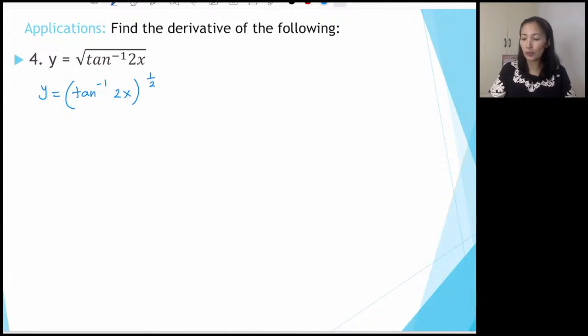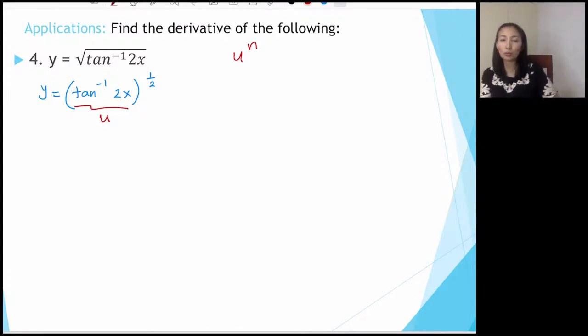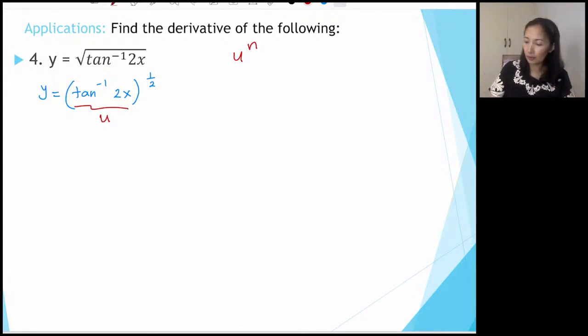So this takes the form u to the n, wherein your u is arctan of 2x. So let's answer together.